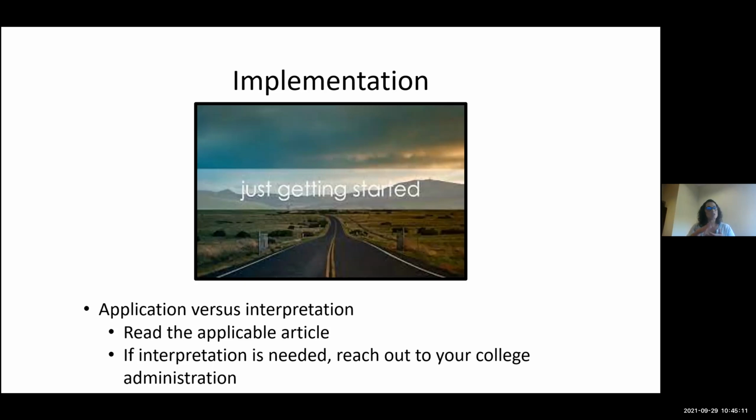What's important, especially as we're doing this for the first time in many cases, is that when we interpret the meaning of statements that may be unclear in the contract, you may think you're doing that for your specific situation or department, but it actually has implications for the broader university. So feel free to reach out.